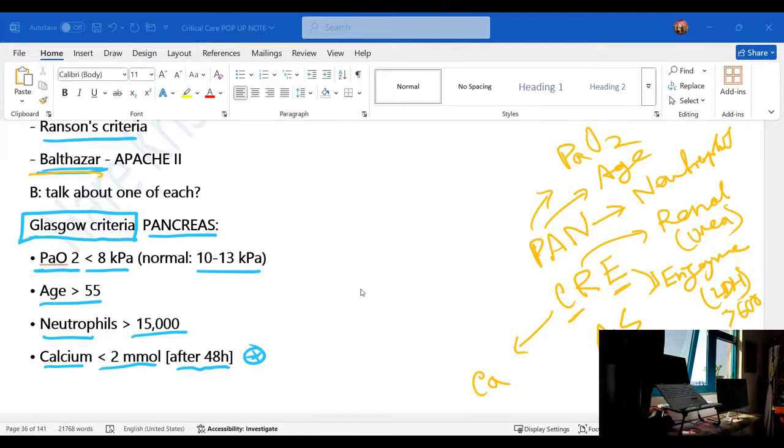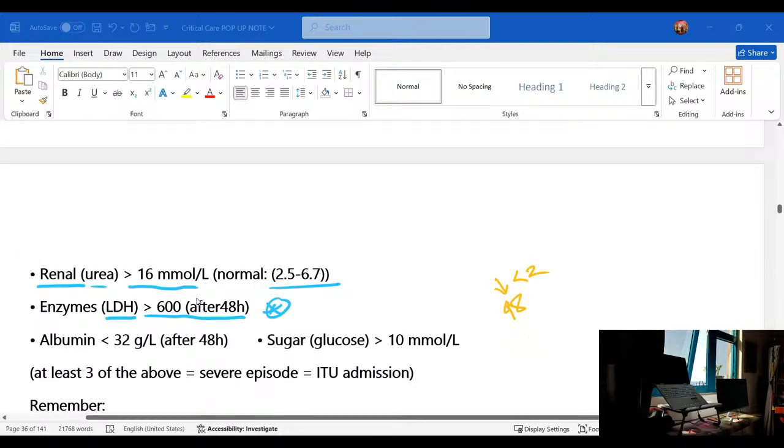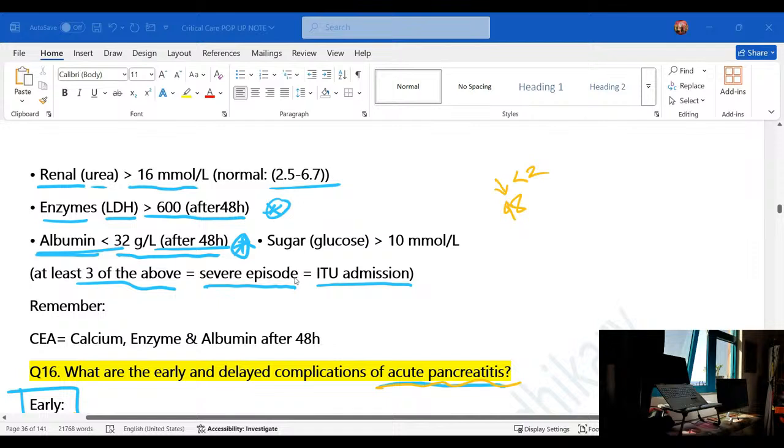Age more than 55. Neutrophil count more than 15,000. Calcium level less than 2 millimole after 48 hours. Then what else? Calcium, enzyme, and albumin after 48 hours.